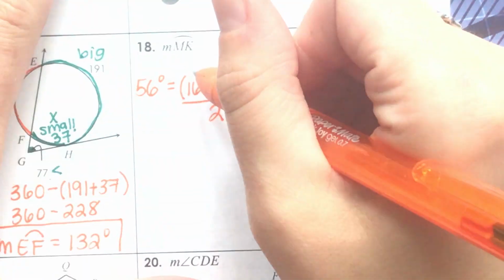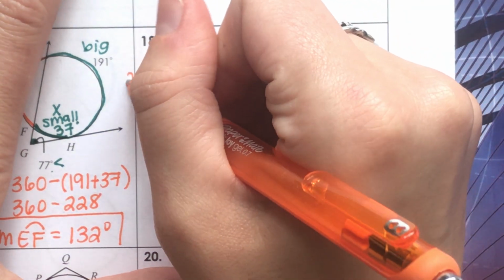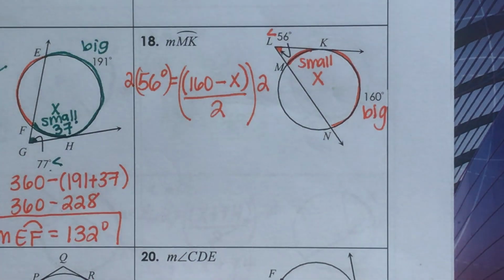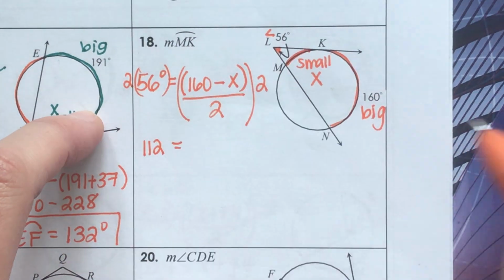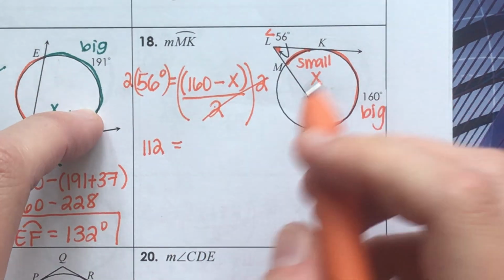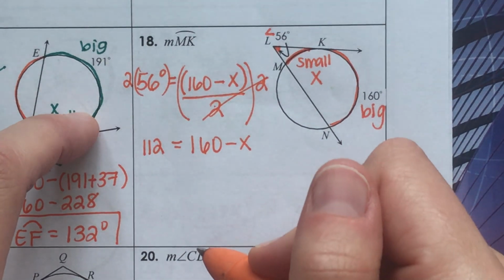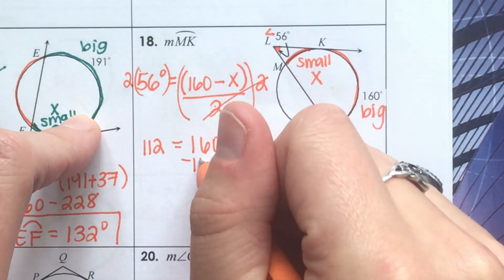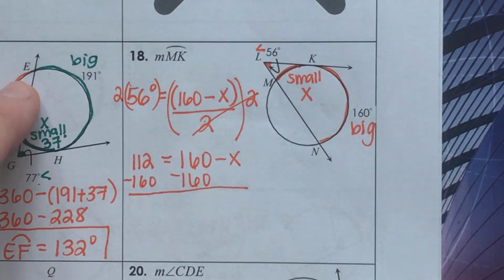So I'm going to multiply both sides to get rid of divided by 2 by multiplying by 2. If I do this, 2 times 56, I get 112. The 2's will cancel. I get 160 minus x. To get the x by itself, I'm going to subtract 160 from both sides.